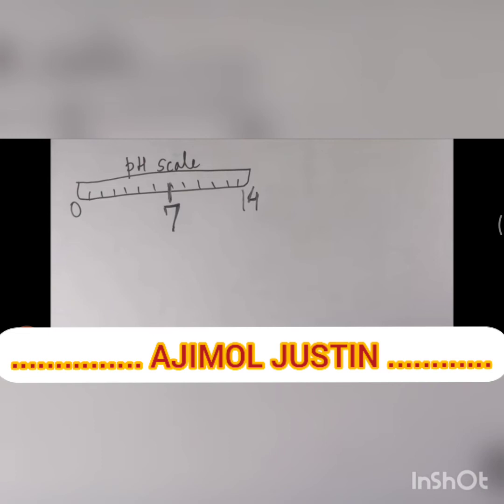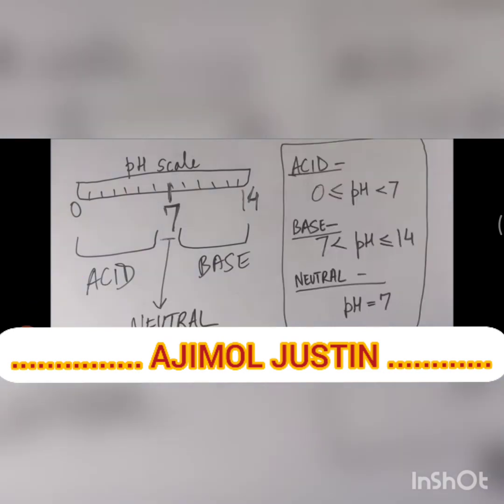The values of pH vary from 0 to 14, and the midpoint of this pH scale is 7. If the value of pH lies between 0 and 7, it is an acid, and if the value lies between 7 and 14, it is a base. And if the value is 7, then it is called neutral.